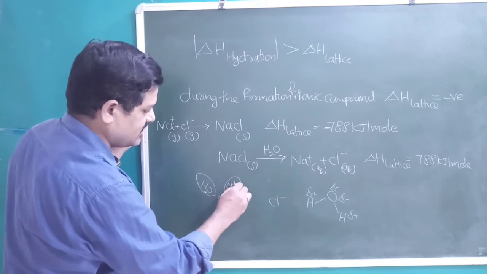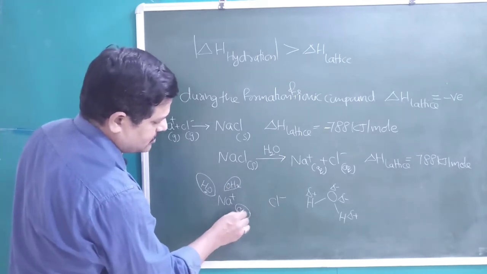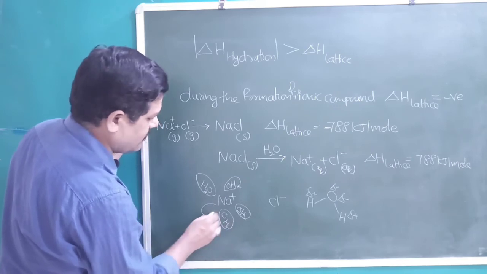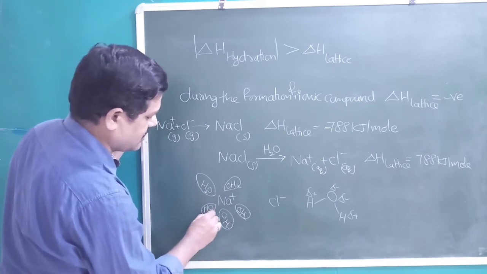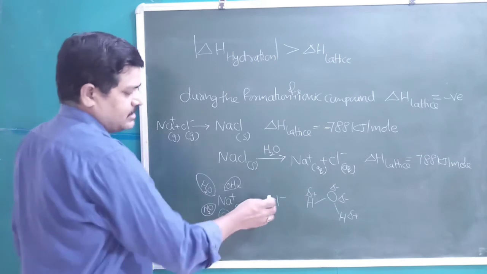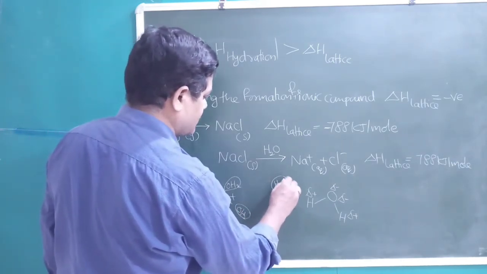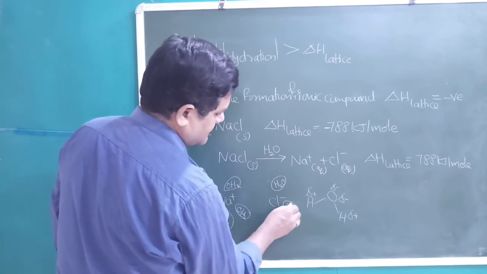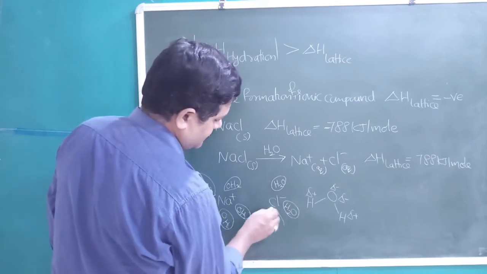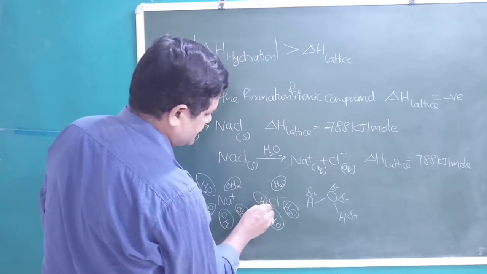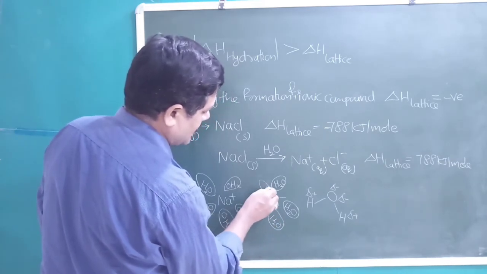So OH2, many water molecules will surround this one particular Na plus, right? Similarly, Cl minus is also surrounded by the water molecules from the positive end, that is from the hydrogen side, H2O like this.